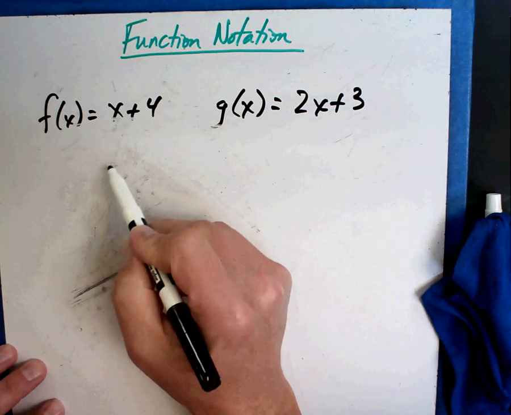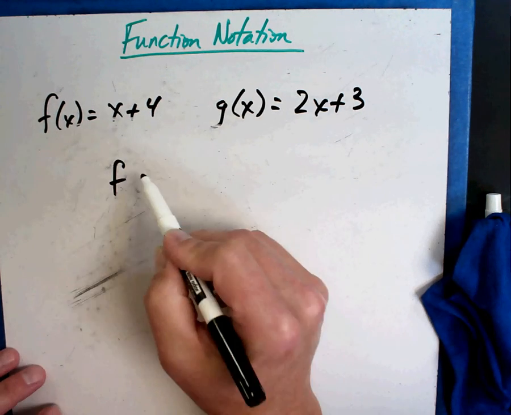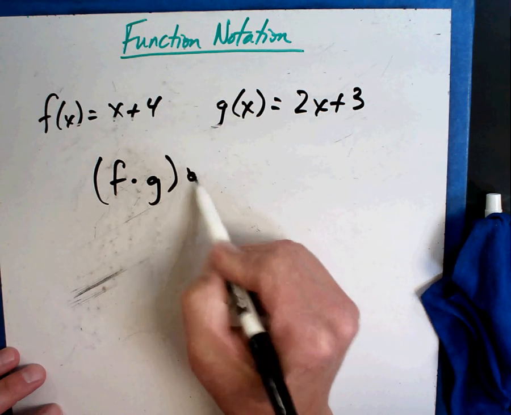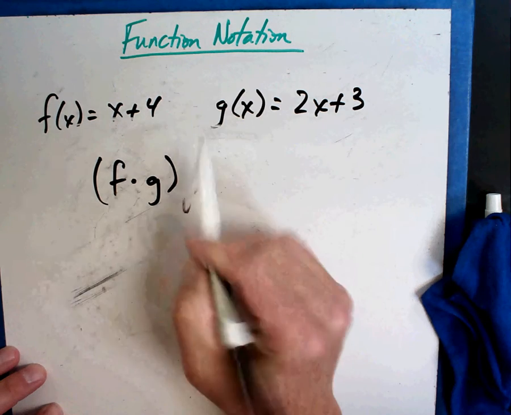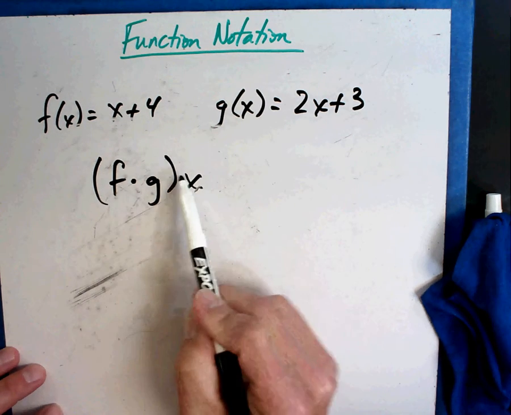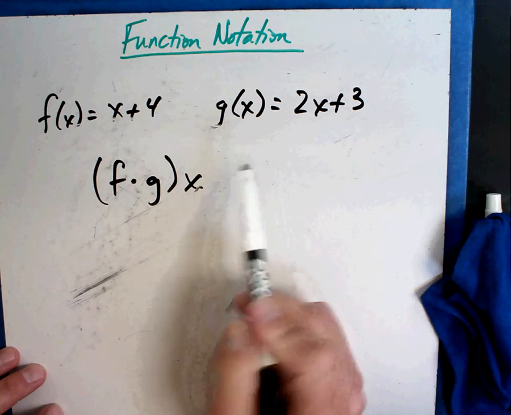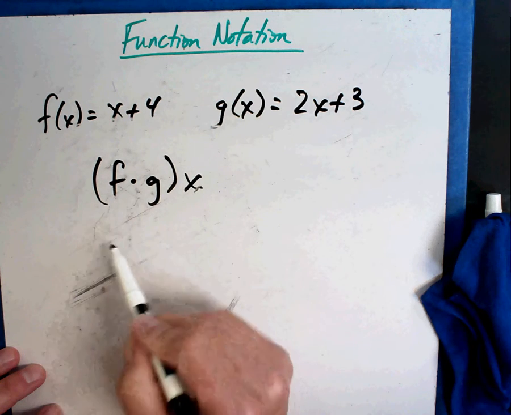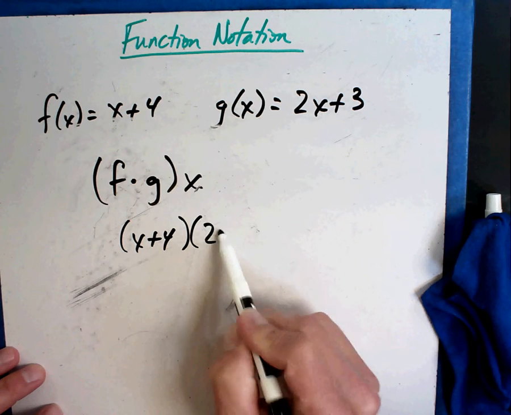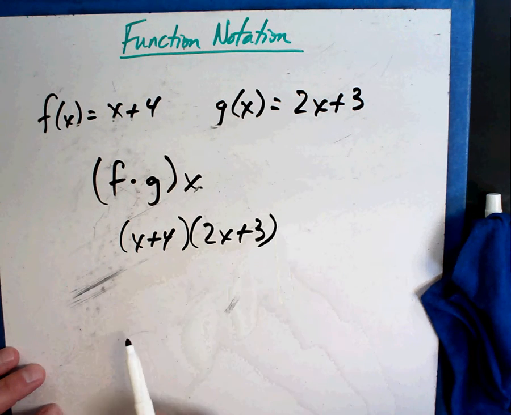Okay? Probably the most complex one that I'm going to give you is this one. All in the function of x. So everything's still in x. They want you to multiply the two of them. So it's going to be x plus 4 times 2x plus 3. Distributive property.